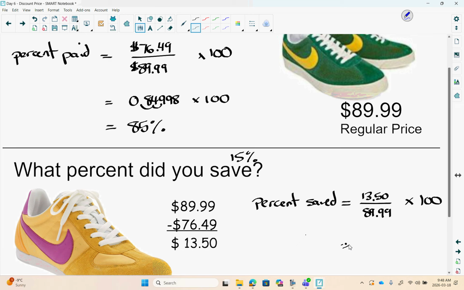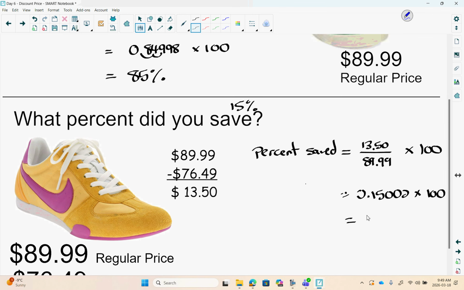And if I do that, 13.5 divided by 89.99, I get 0.15002, we'll say, times 100, and that gives me 15%, which is what we knew the answer was going to be. Okay, so percent saved and percent paid, they should always add to 100%.